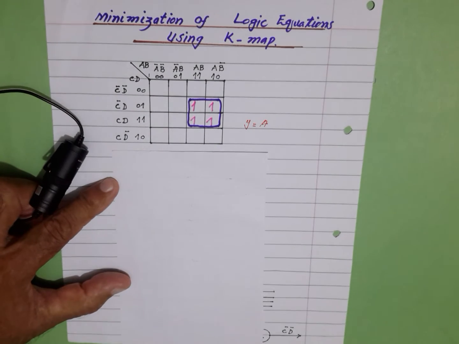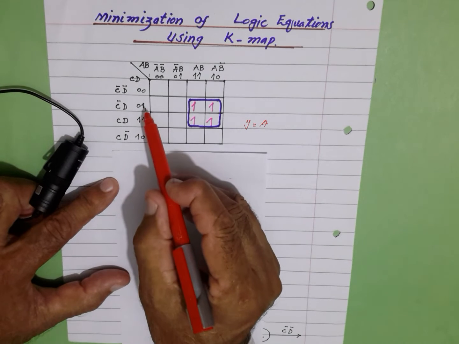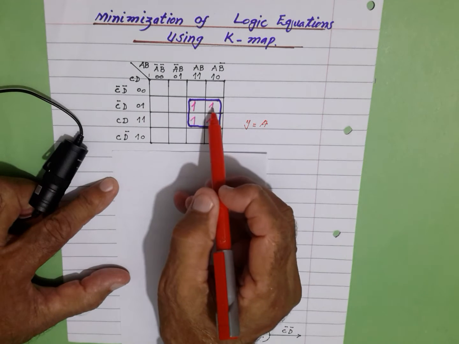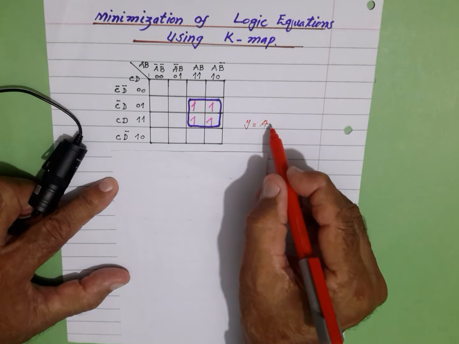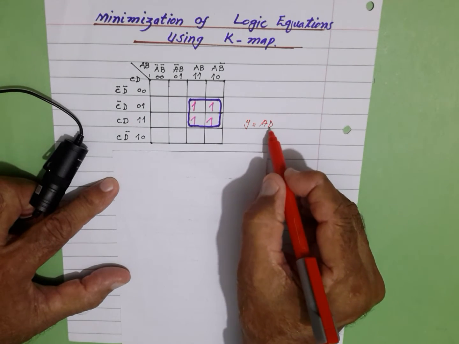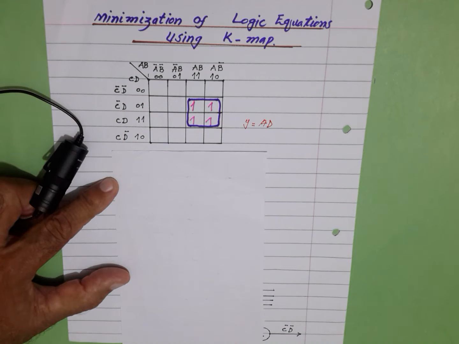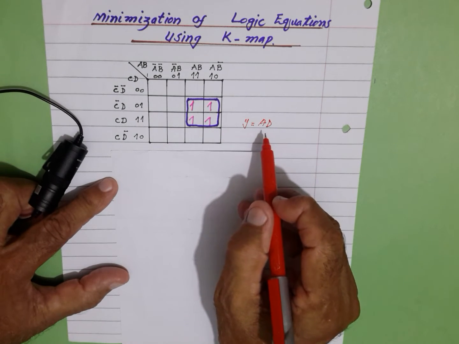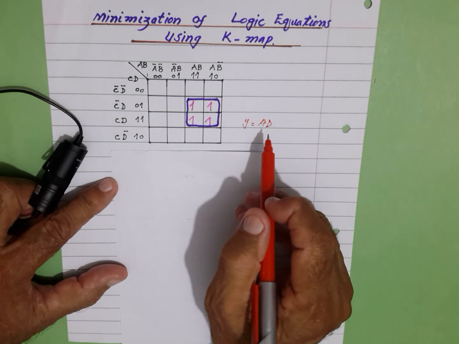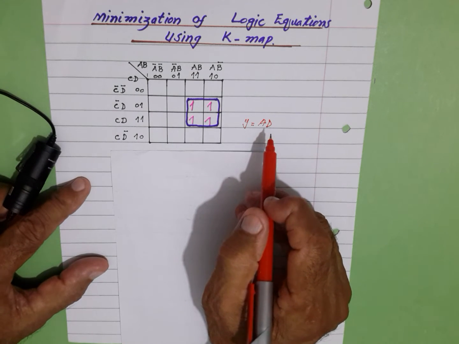For the horizontal rows, we see that D is constant from this column to this column. We will write this. So for these four minterms, the function is A and D, means one AND gate. We are going to use one logic gate, that is AND gate.